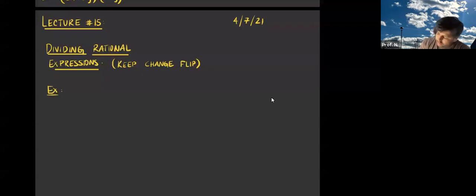So example here, I got 6x squared y to the 4th over 35a squared b to the 5th, divided by 12x cubed y cubed over 7a to the 4th b to the 5th.